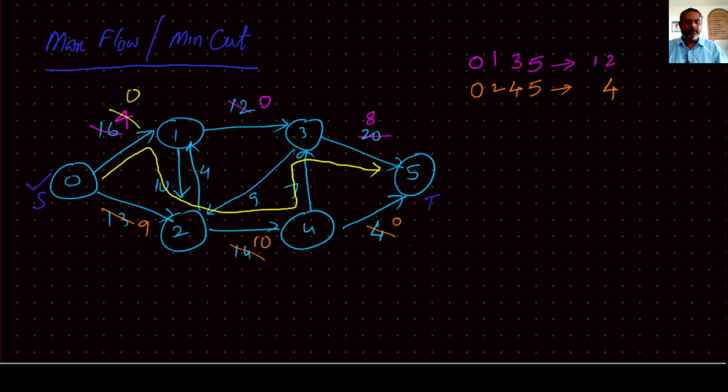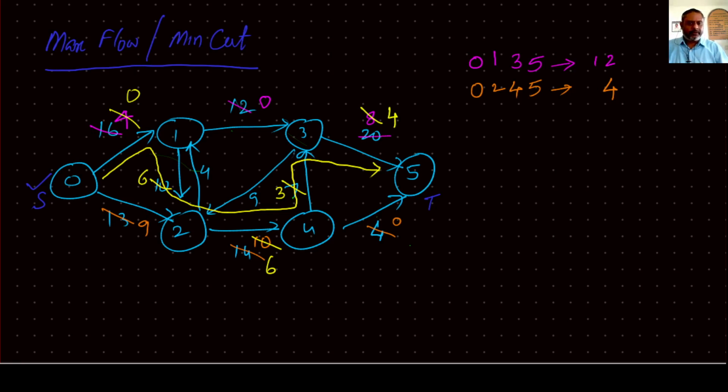So that's gone. We are left with 6 here, then 6 here, then 3 here, and then 4 here. Okay, then what else can we do?